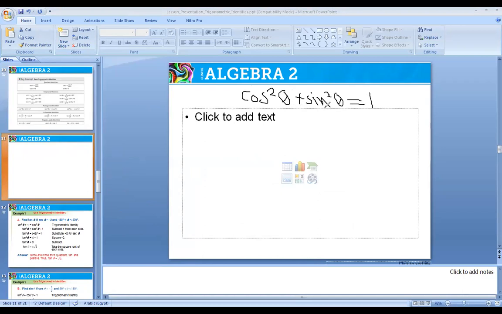If you change the place of sine, you will get cosine square theta equals 1 minus sine square theta.